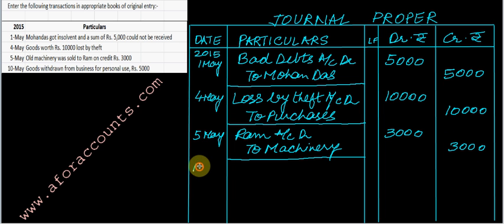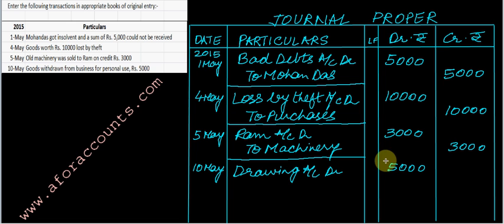Okay, now 10th May. Goods withdrawn from business for personal use, 5,000. Goods withdrawn, so drawing has a debit balance, debit drawing account by 5,000.